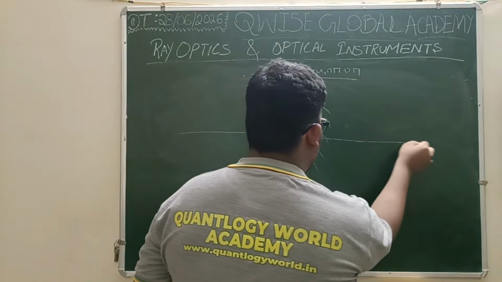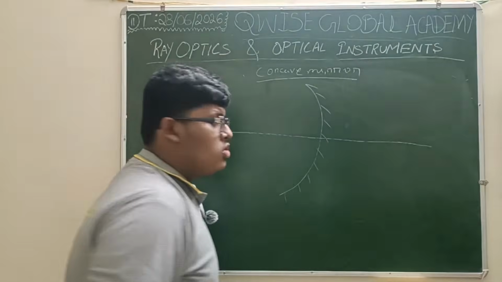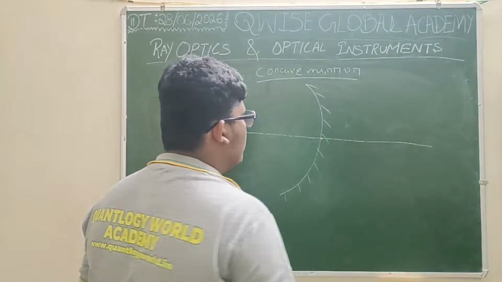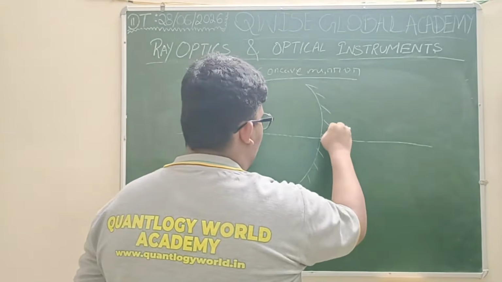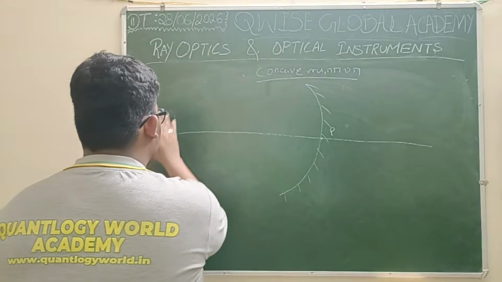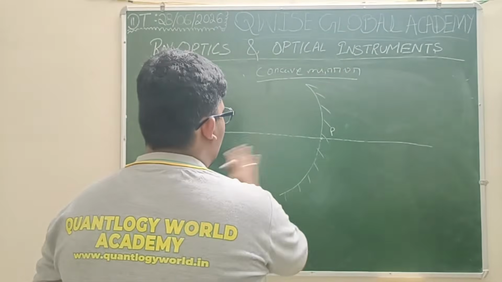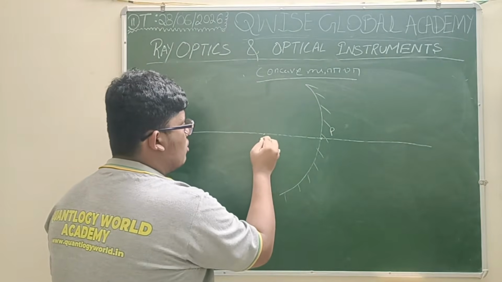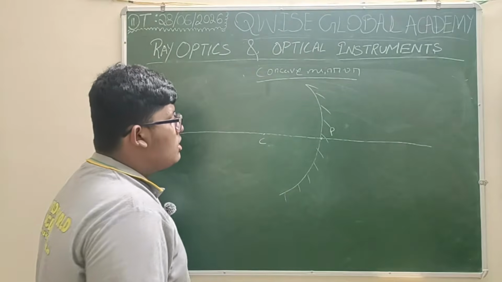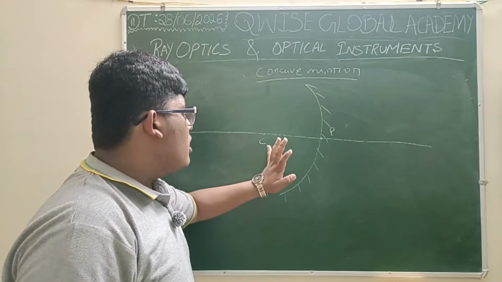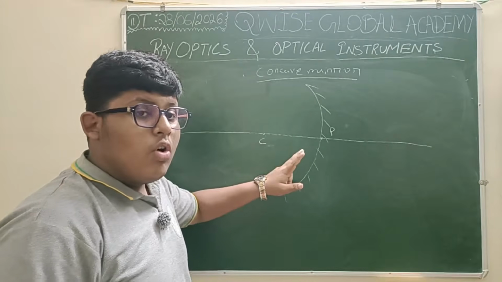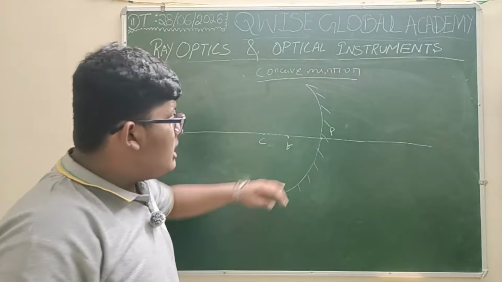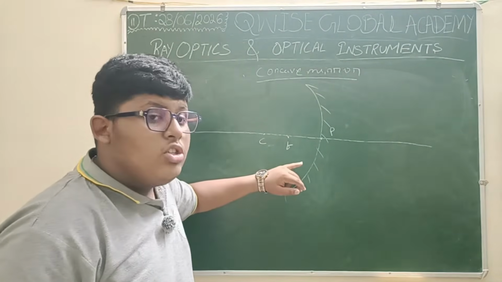The straight line that passes through the concave mirror is called the principal axis, and the center of the mirror is called the pole. The radius of the sphere is called the radius of curvature, and half the distance between the center of curvature and the pole is called the focus, and the distance between focus and pole is called the focal length.